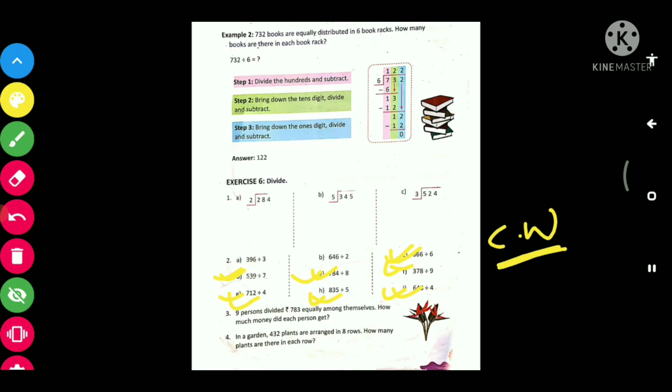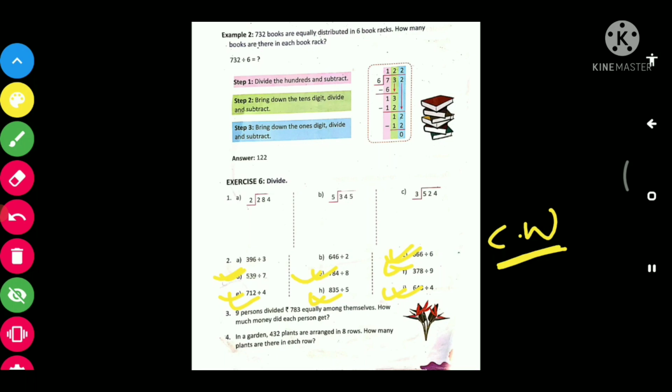Recall all the multiplication tables. Remember, first of all, you have to compare the divisor with the number that is in the 100 place value. Okay, so dividend and divisor, this one you have to compare, but in the dividend you have to compare first of all the 100 place value.